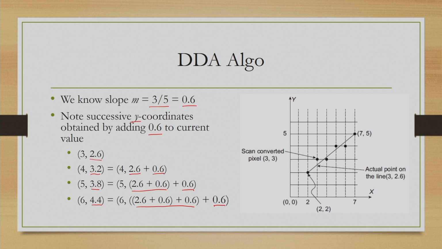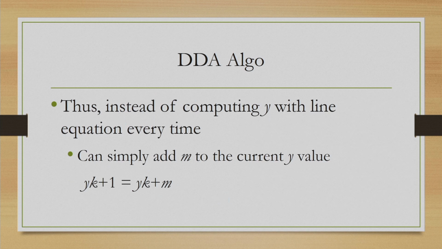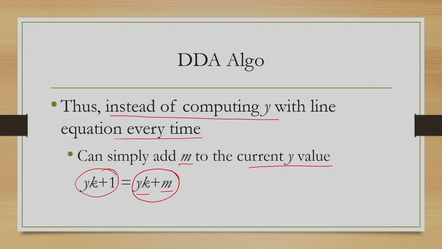This idea is exploited in this DDA algorithm. So, instead of computing y with the line equation every time, we can simply add m to the current y value. That means, the new y we can get by adding m to the current value. So, we do not need to go for solving the line equation every time we want to compute the y value.